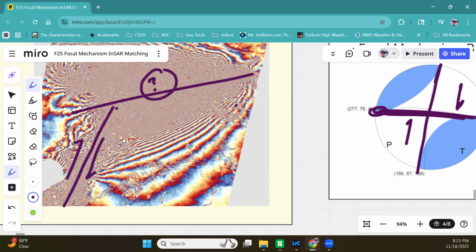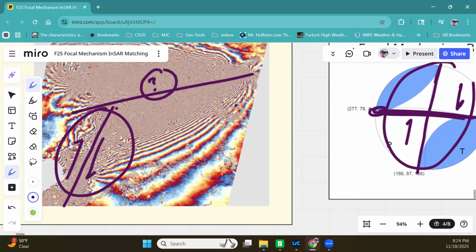I don't remember the exact order. This one was from back in 2023. There were two faults that intersected there, and one triggered the other. So all we're looking at for this one, that's what this focal mechanism is showing us, is right lateral strike slip along there. Okay, so that's that one.